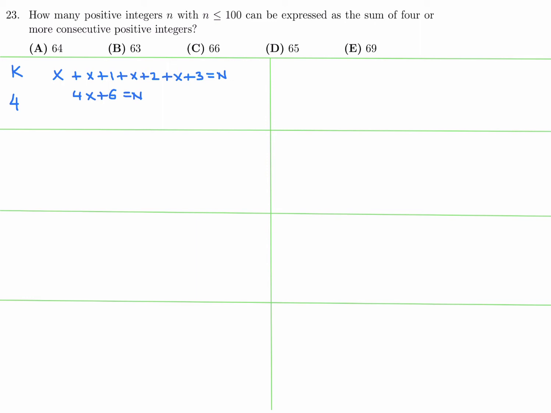So if I were to make a little table with x and n, and x starts at 1, then n would be 14, x is 2, n would be 18, and so on. You will get a whole bunch of values for x and n.